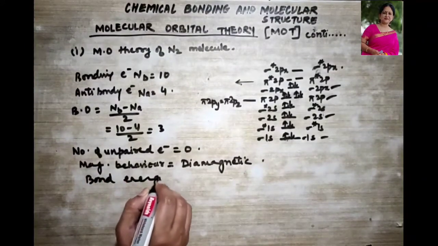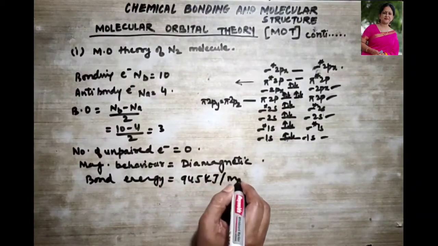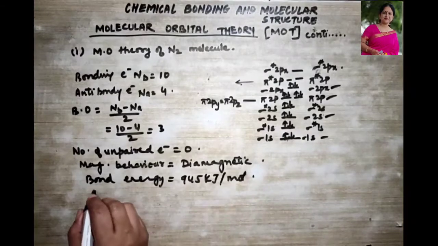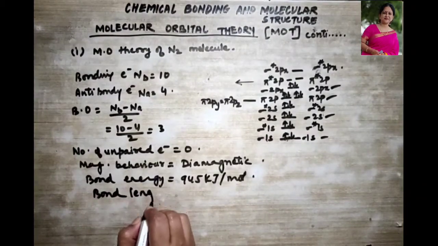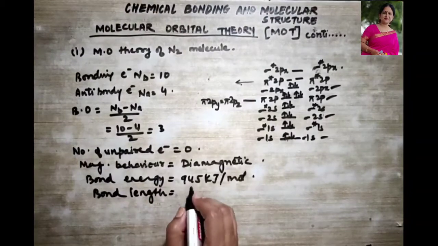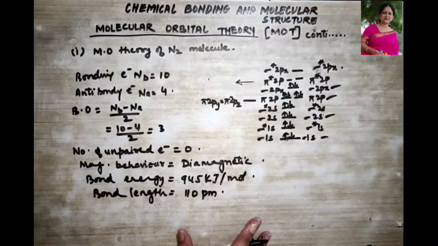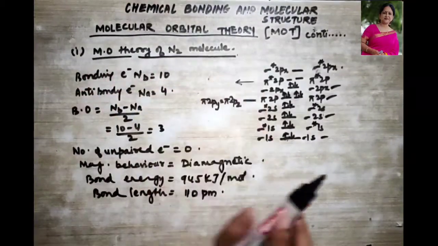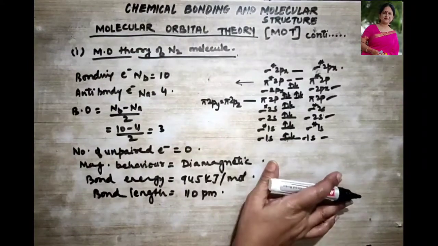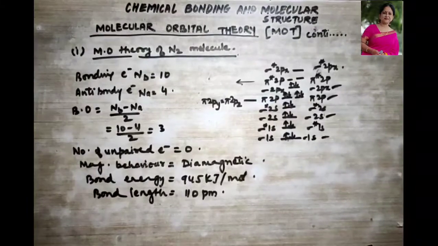The bond energy is equal to 945 kilojoules per mole, and the bond length of the nitrogen molecule is 110 picometer. So this was the molecular orbital theory of the nitrogen molecule. Is this point clear? Now we move to the next one.